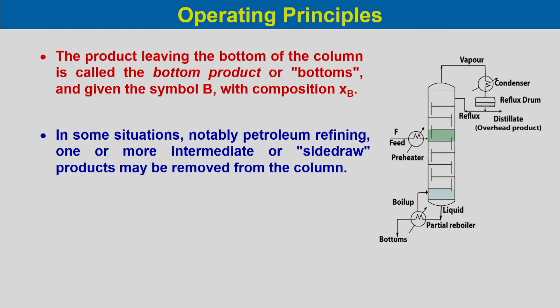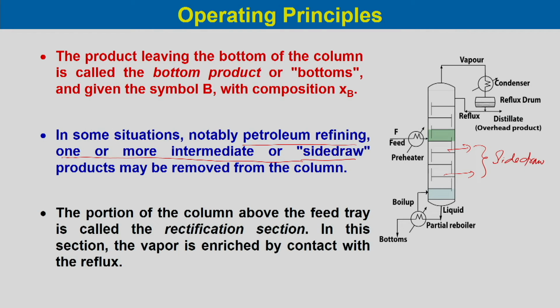In some situations, notably petroleum refining, one or more intermediate or side draw products may be removed from the column. So, in a petroleum refinery, product taken out from the side is called side draw.